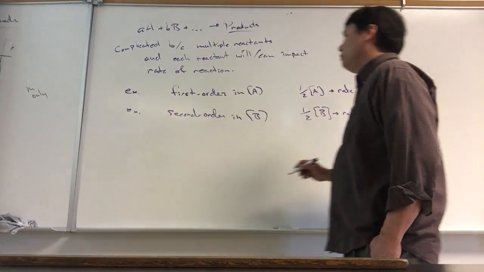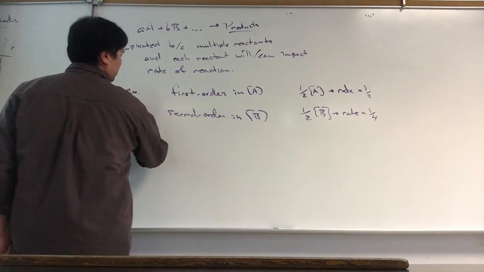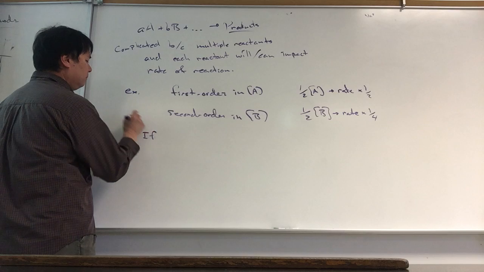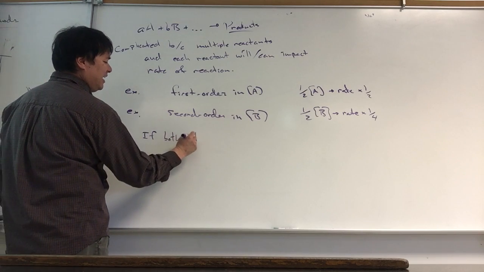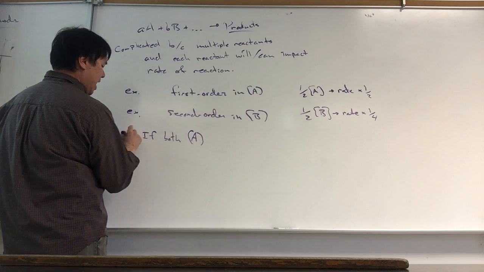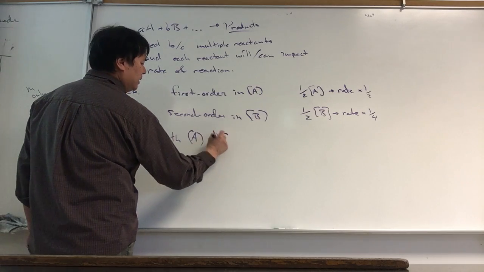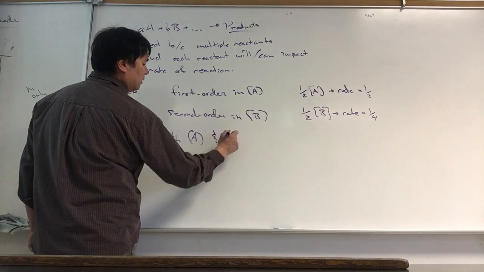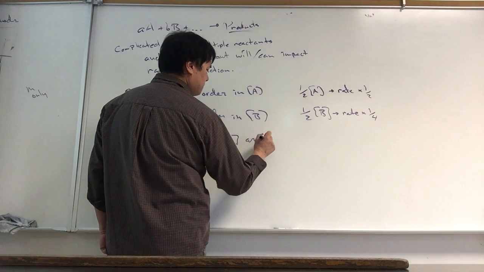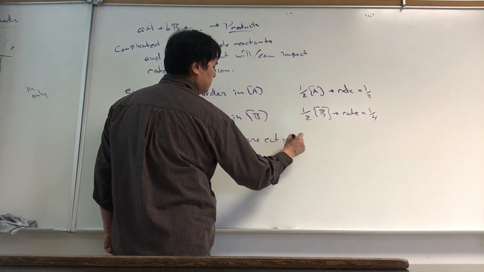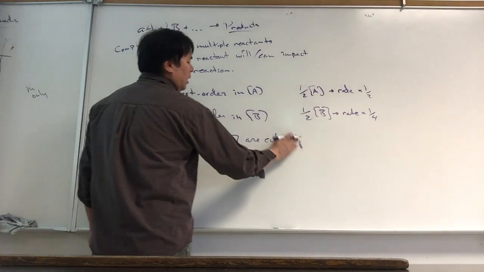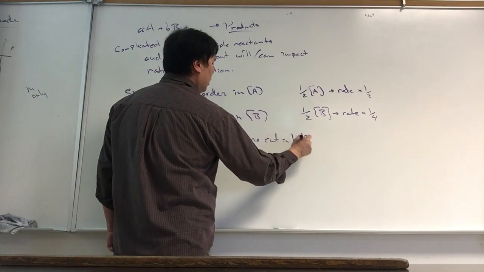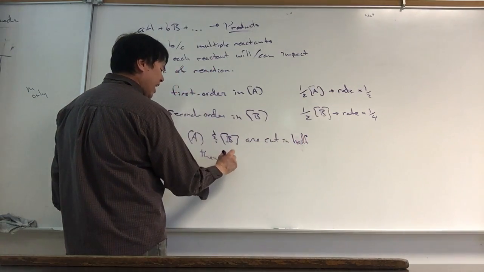Let's say both A and B are cut in half. What happens to the rate?